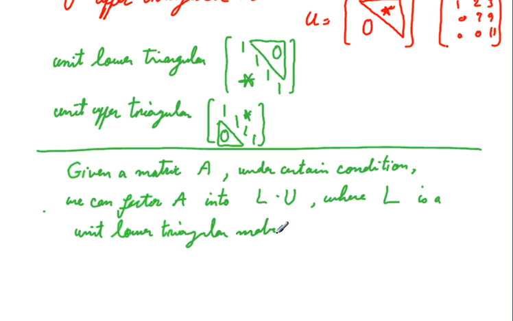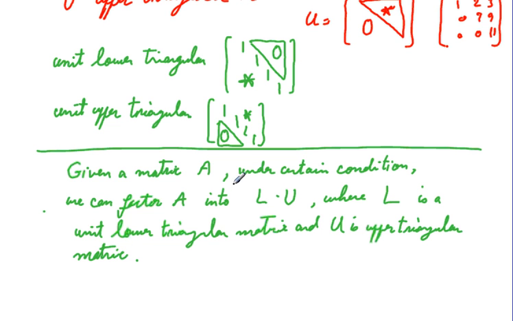And U, once we nail L to have ones on its diagonal, becomes totally arbitrary. We don't have any control on who's going to be sitting on its diagonal, so U is an arbitrary upper triangular matrix.